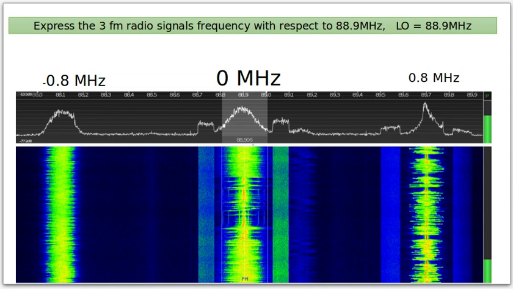So this is how you describe frequencies with respect to an arbitrary frequency. In this case, we've chosen it to be 88.9. So now you can start seeing a negative frequency is used to describe its relation from another frequency. That's all it is. So how can we create these three signals?